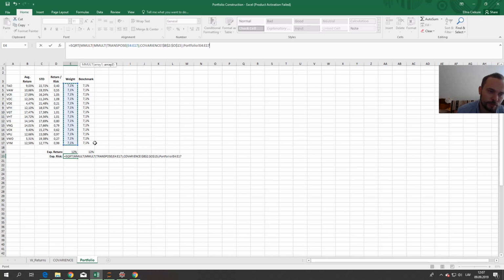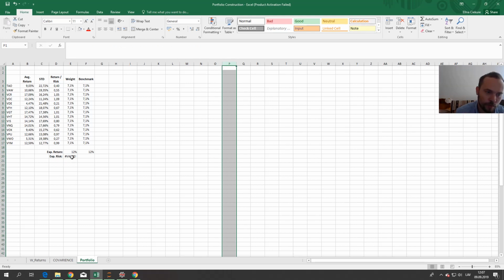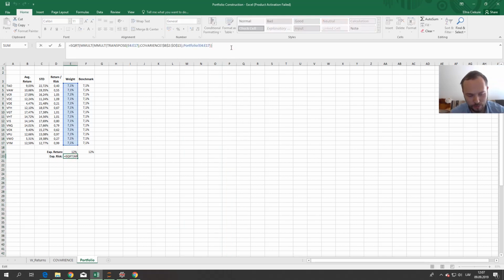Now we need to multiply with a vertical vector just to have one value, otherwise we wouldn't have that. I think you can Google this if you want to. Oh, sorry, one thing I forgot to say. You need to press Control Shift Enter when you end this.